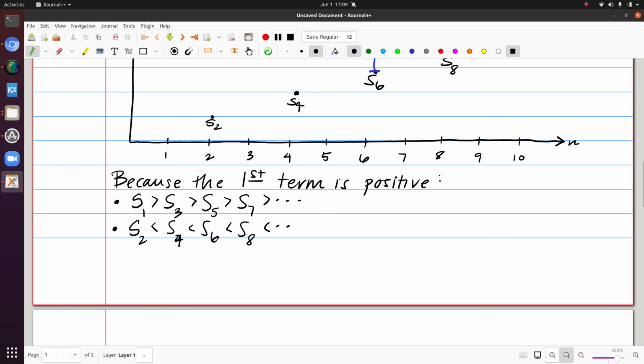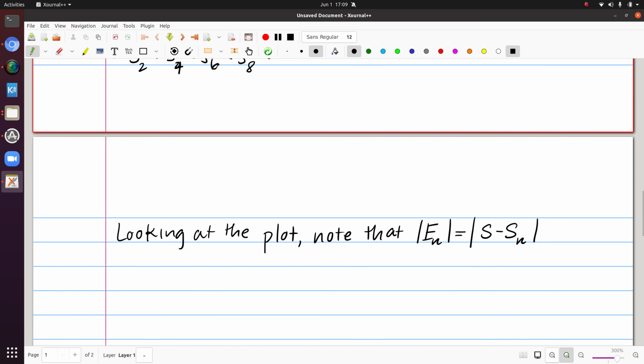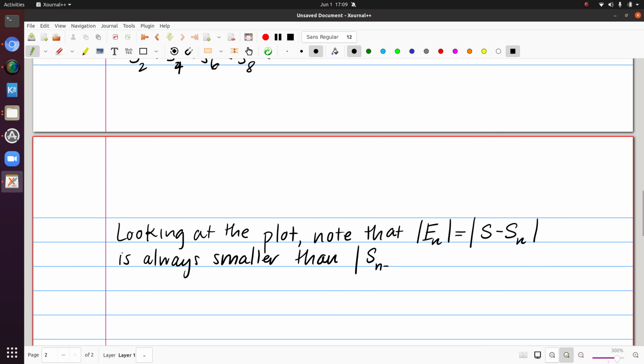So what we're seeing here is that the true error, as I've written it here, is always smaller than the distance between the n plus first partial sum and the nth partial sum. And if you'll recall, we've seen earlier in the course that if I take a difference of subsequent partial sums, what's left over is just that extra term, in this case, a sub n plus 1.